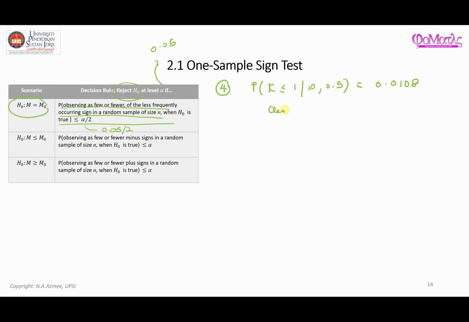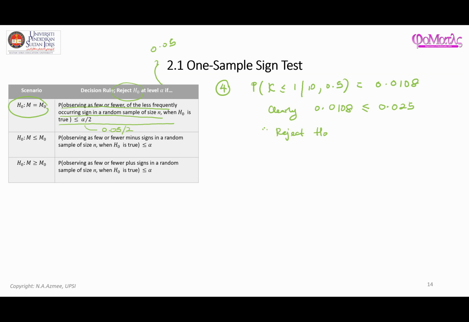So clearly 0.0108 is less than or equal to 0.025. So 0.05 over 2 is 0.025. Therefore, your decision will be to reject H0.